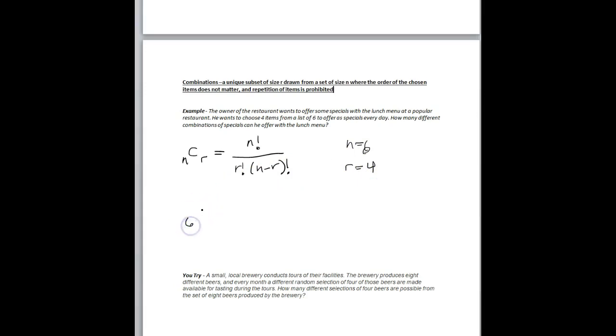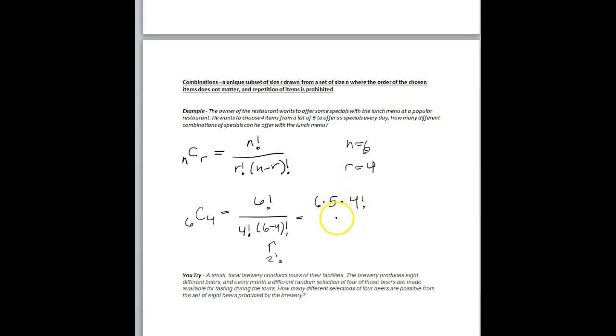So we'd say 6 choose 4 is equal to 6 factorial over 4 factorial times (6 minus 4) factorial, and this is going to go to 2 factorial. So then we would just have 6 times 5 times, and what I do here is I just say 4 factorial.